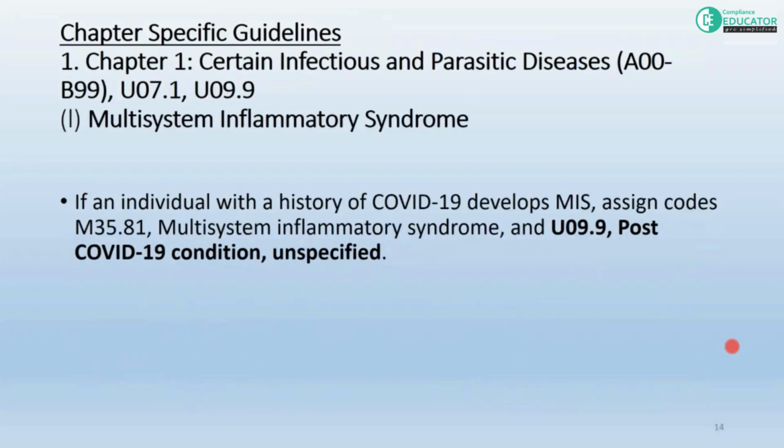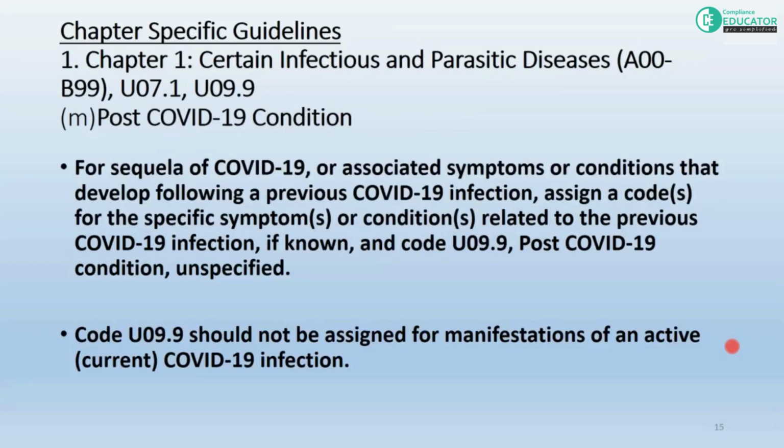And then under the multi-inflammatory system, again, they're telling us assign the codes, this is a post-COVID condition. Here's how we use it, just like we did the last slide. And now, if we have this unfortunate circumstance where you've had COVID, you're over the COVID, you have associated symptoms, let's say you still lost your taste and smell, and I think I got ahead of myself, sorry.